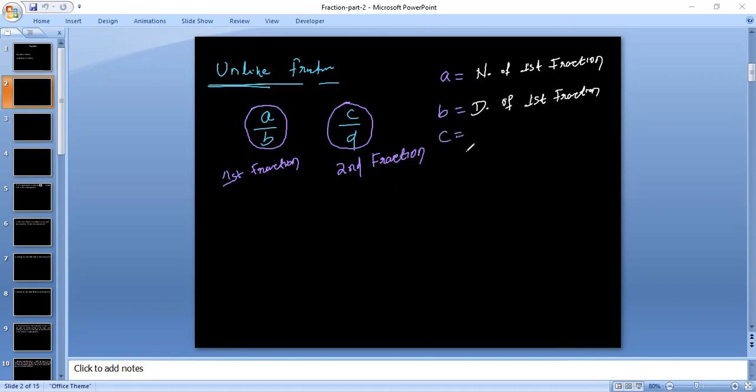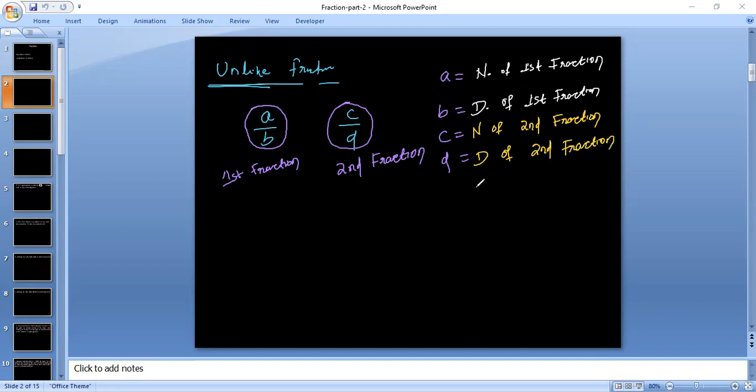C is the numerator of the second fraction, and D is the denominator of the second fraction.